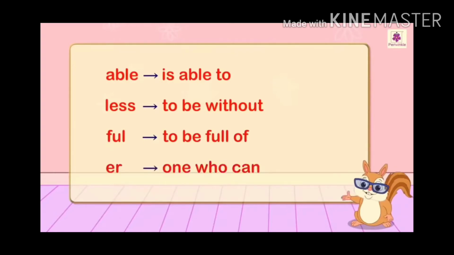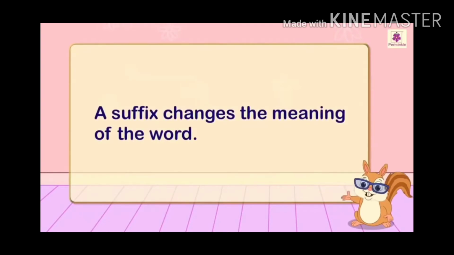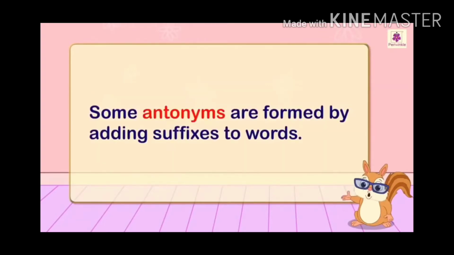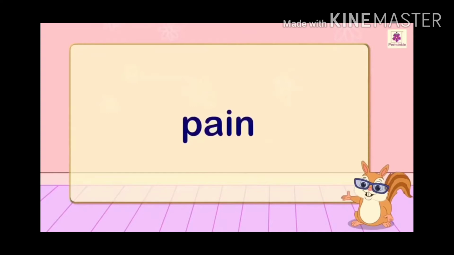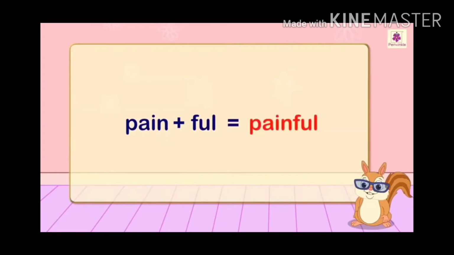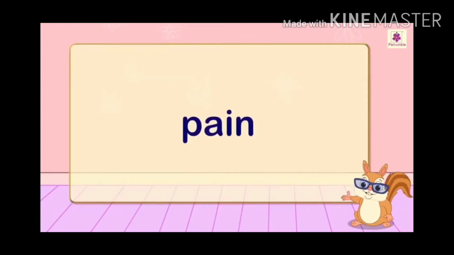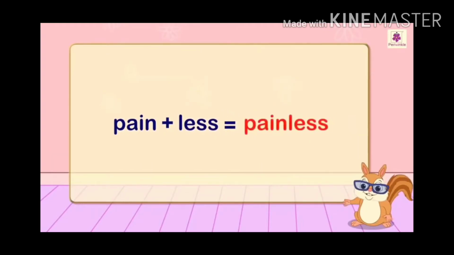Remember, a suffix changes the meaning of the word. Some antonyms are formed by adding suffixes to words. For example, pain plus full is equal to painful. Pain plus less is equal to painless.